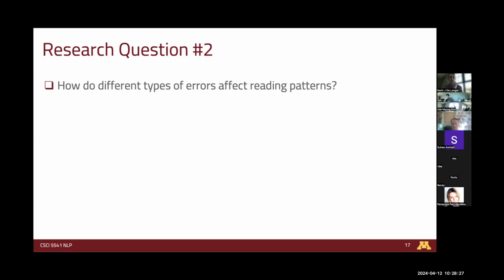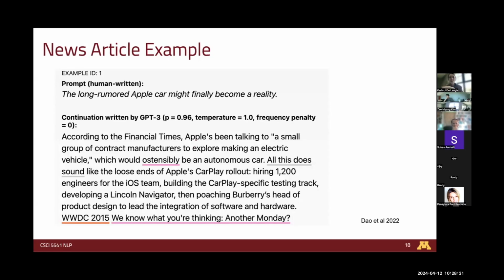These are specifically errors for machine-generated text. Again, this experiment was conceived just as ChatGPT was coming out, so it doesn't quite have the errors to the same degree. Anyway, this is an example of the kind of news articles that are in this data set. This one is written by the GPT-3 model.